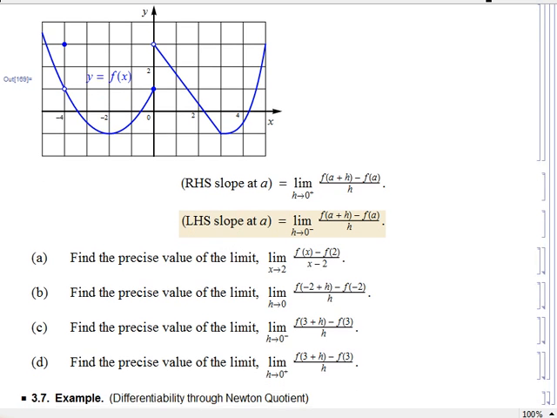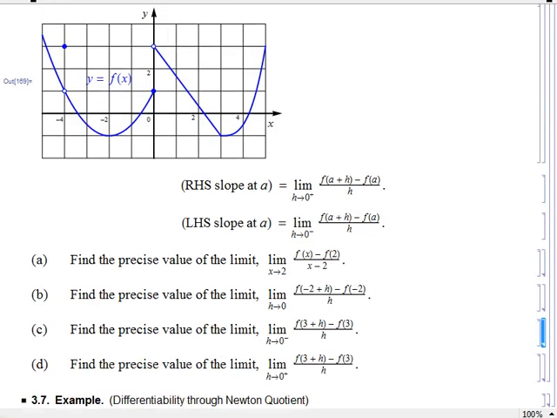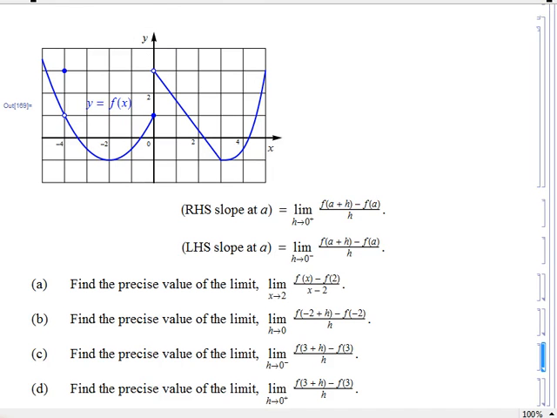So if you remember those two, then we can find out these two limits without doing any limit computation. This is the left hand side limit from here. So left hand side, that's a line segment, so that slope is -4/3. How about the right hand side limit?